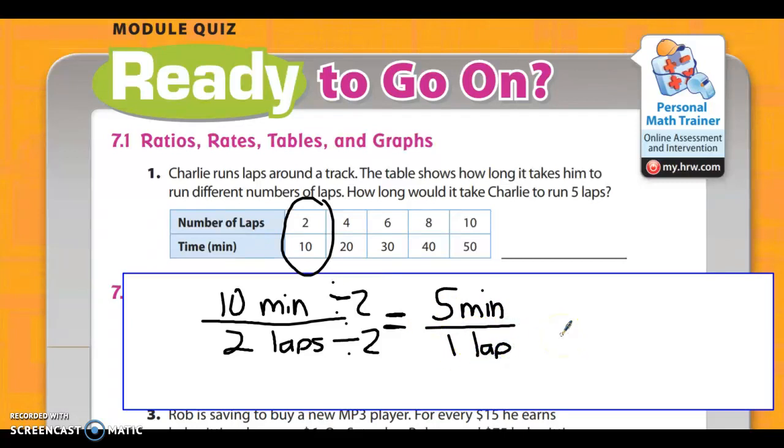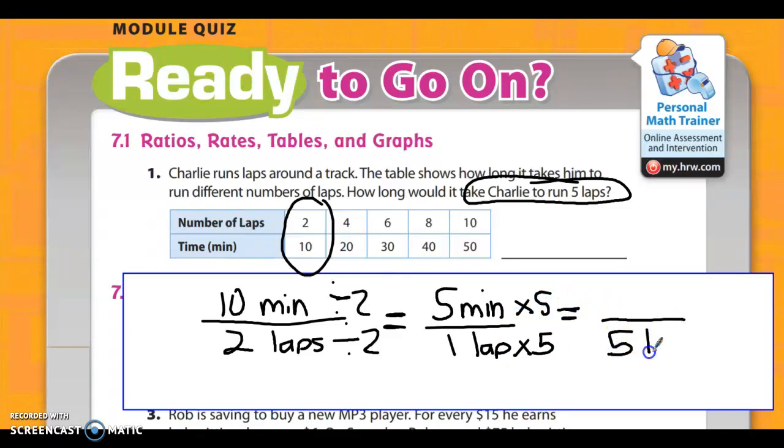Now, how does this help us answer this question? Well, the question asks about how long it takes Charlie to run 5 laps. So you could then simply multiply by 5, and you would get 5 laps, and the time would be 25 minutes. And that's the answer, it's 25 minutes.